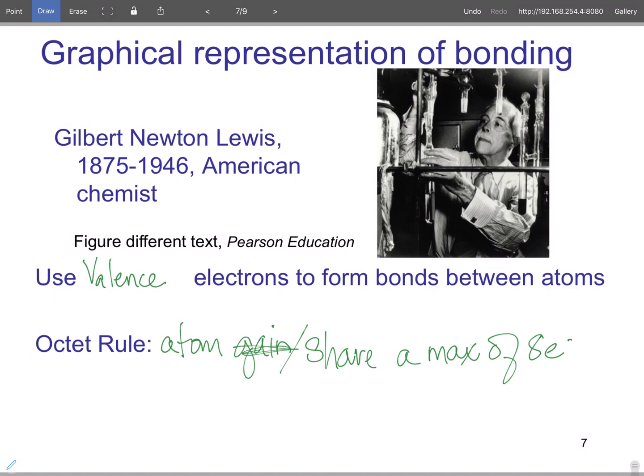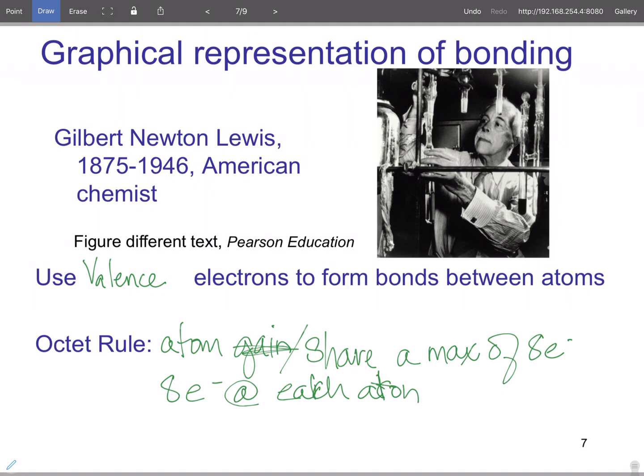They're going to share a maximum of 8 electrons, so that means that there are 8 electrons around each atom. Now, I actually started off with gain because we were talking about ionic compounds. Same rule applies there. You're going to try to gain or lose to where you have a maximum of 8 electrons or a minimum number of electrons. And that's why we talked about that when we talked about electron configurations.